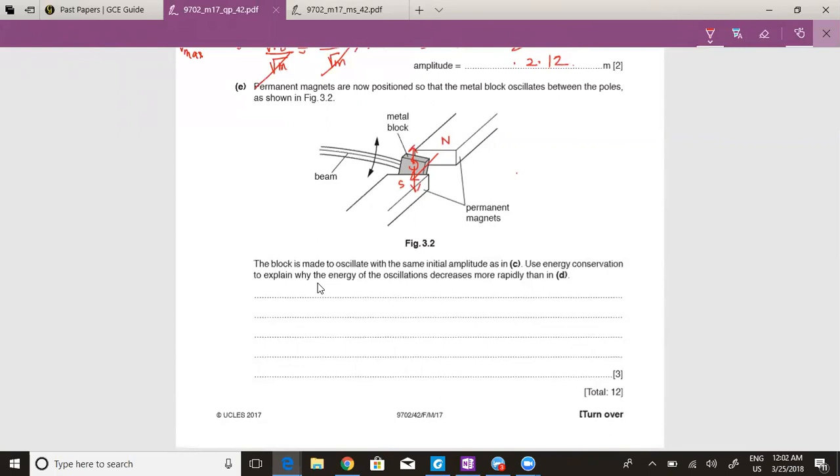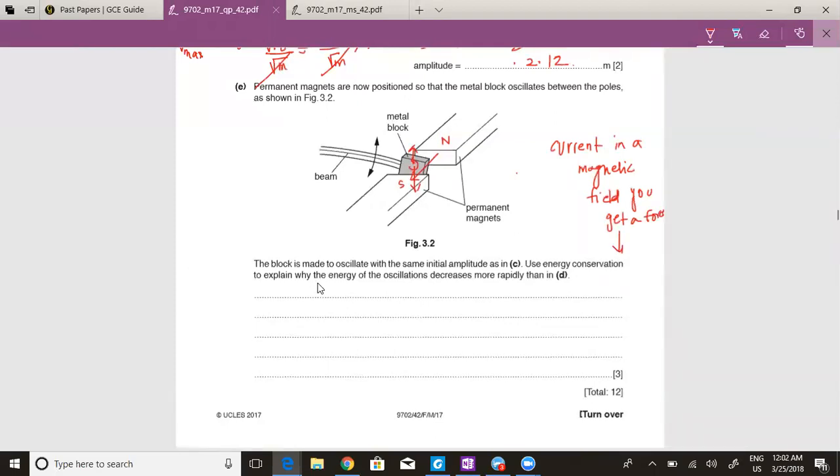Okay? And in doing that, because it produces an opposite force, the current going into the metal block will produce a force. So we know that if you have a current in a magnetic field, you get a force, right?